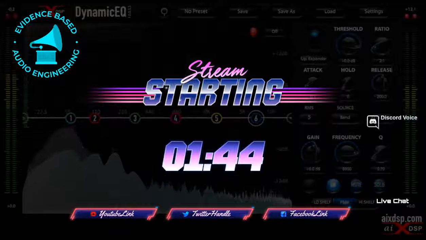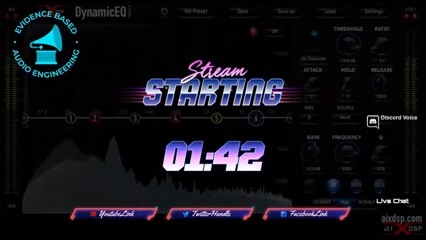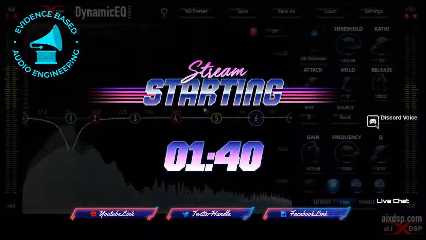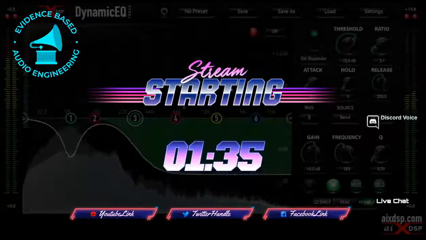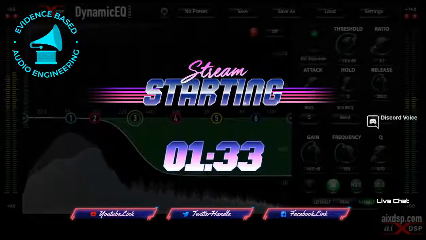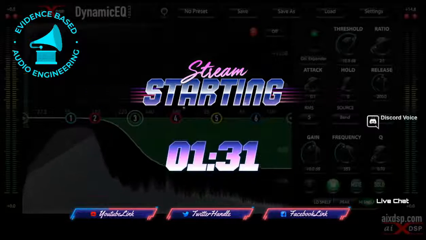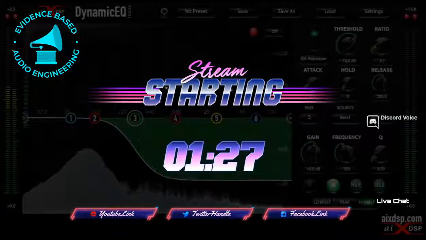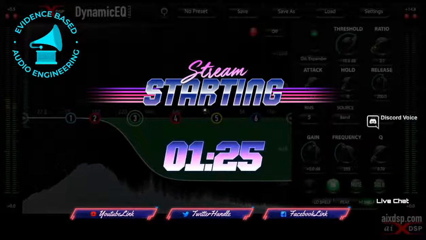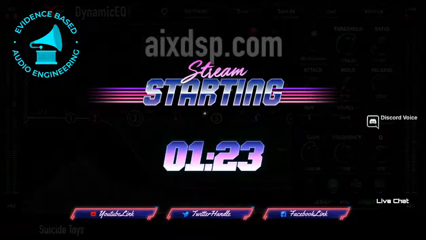Keep forgetting to connect to Discord voice. Let's try that. So this is supposed to be for voice and screen. I think this is where I'm supposed to go. Don't care about that, just need the audio. And it should be bouncing up and down, but it's not.